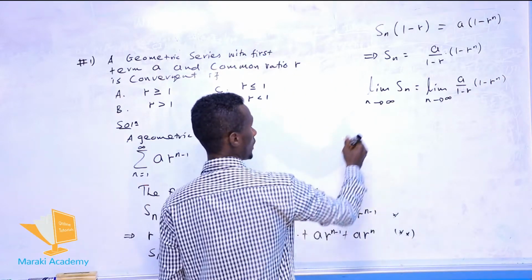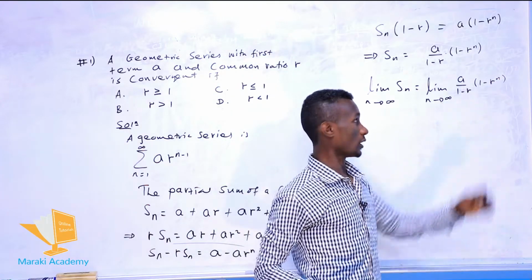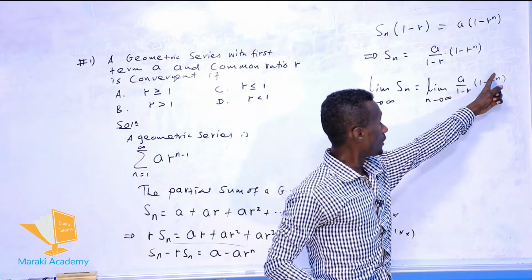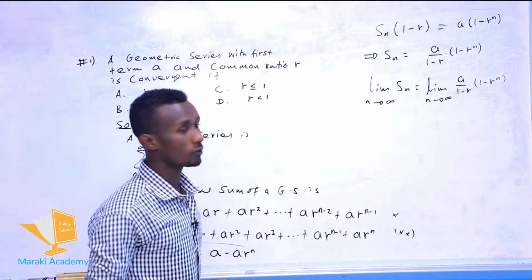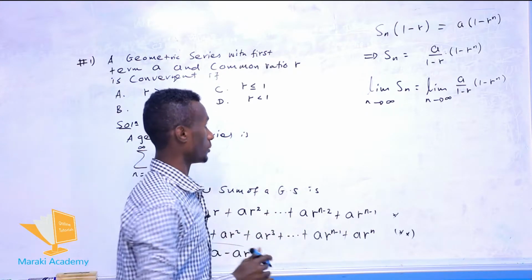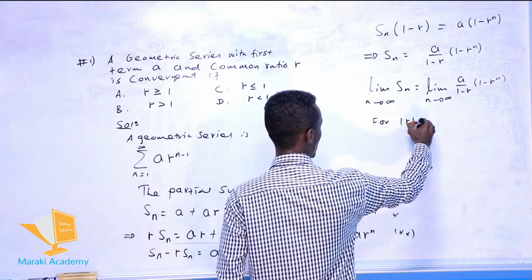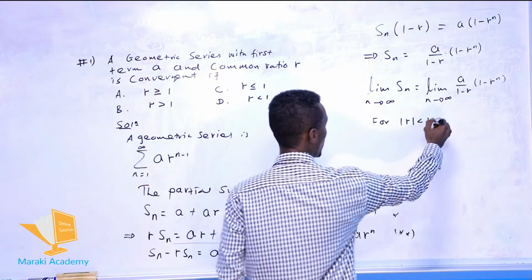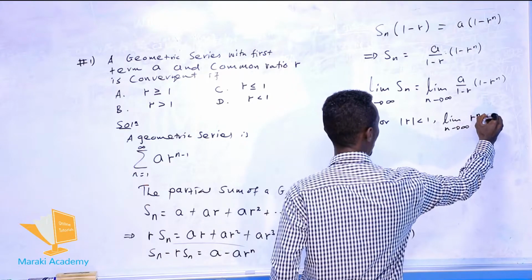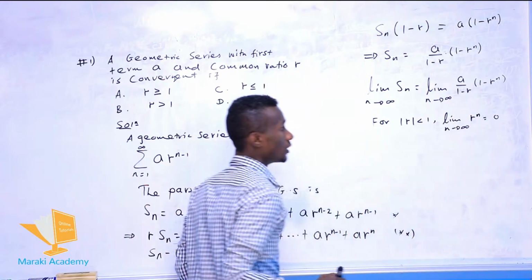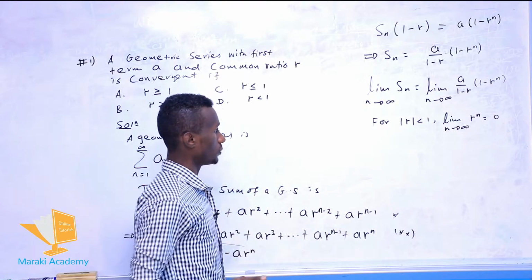In this case, we need to determine the limit of r raised to n. Only when r raised to n goes to zero, for r between minus 1 and 1, meaning the absolute value of r is less than 1, then the limit as n approaches infinity of r raised to n is equal to 0. Only in this case does our sequence have a limit.